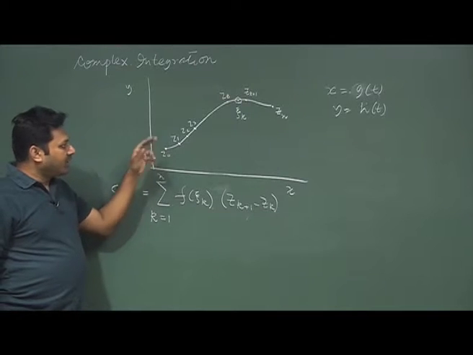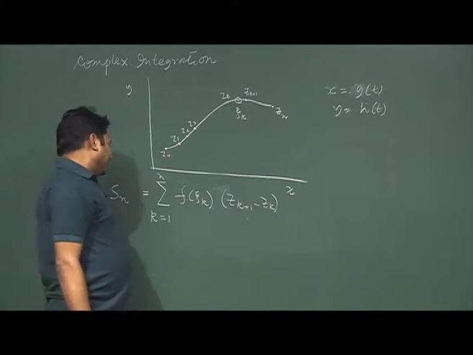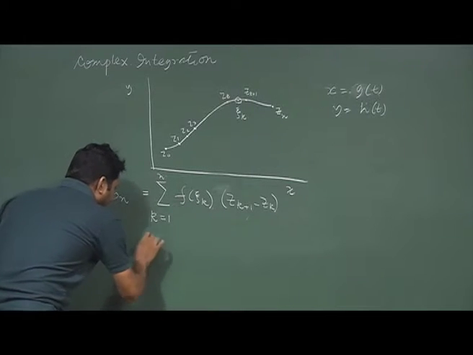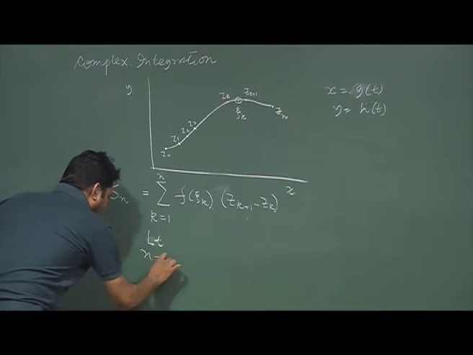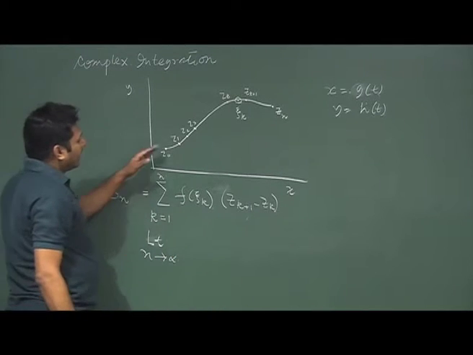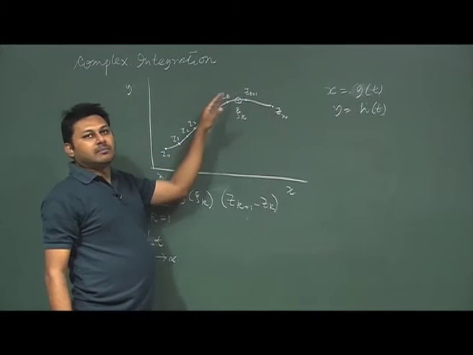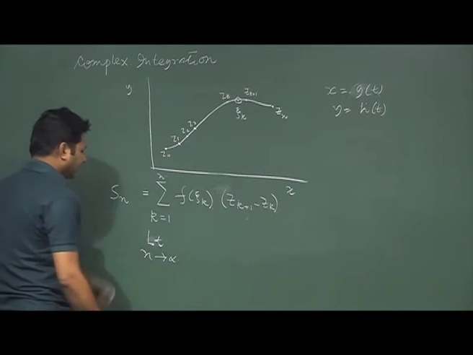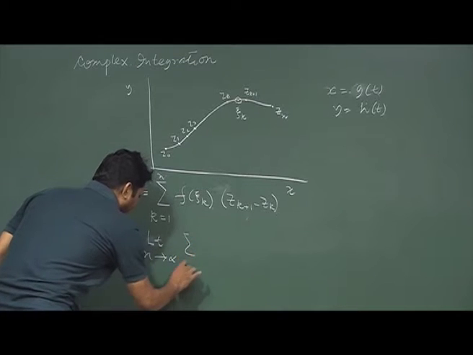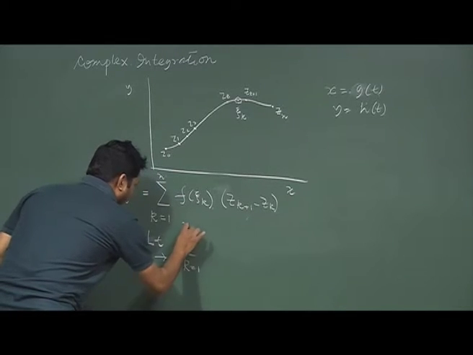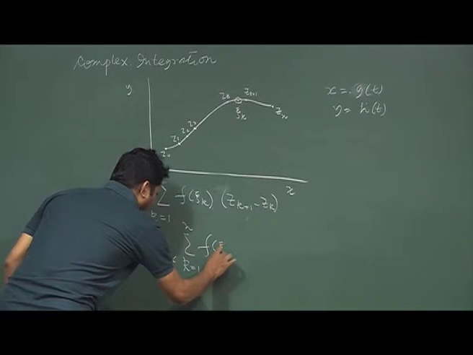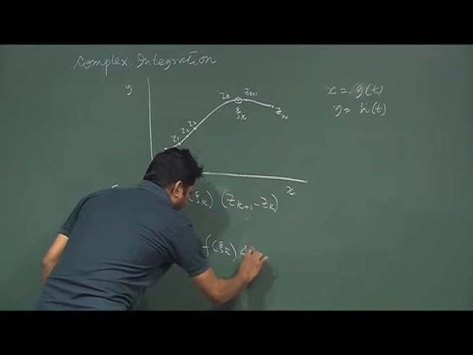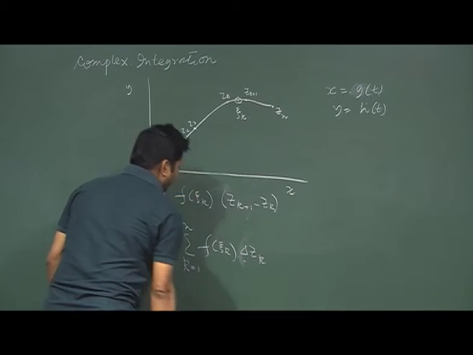Now, if these points are too close to each other, then I can write this in the limit n tends to infinity, that means I will have an infinite number of segments. So, this distance is infinitely small, and this quantity I now write as delta zk.